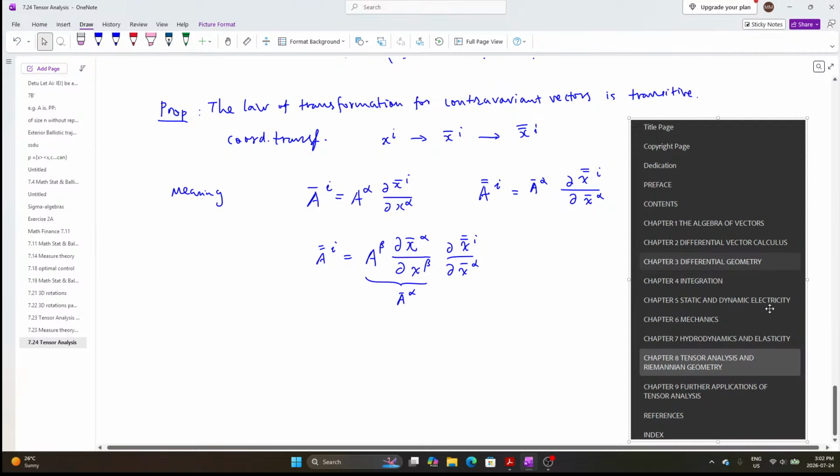Static and dynamic electricity is electrostatics and electrodynamics, Maxwell's equations, that sort of thing. Mechanics covers classical mechanics, including rigid body, hydrodynamics and elasticity, fluid stuff. You see, it's all integrated. Everything has a purpose here. Once it's introduced, it's immediately applied.